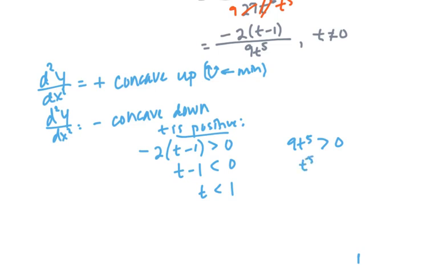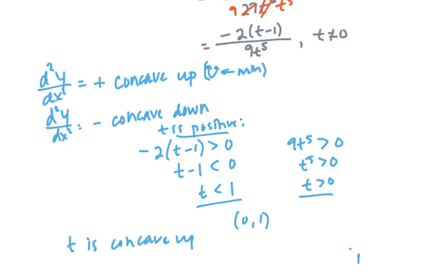And so t to the fifth is positive and t is greater than 0. So that means our concave up happens between 0 and 1 because it has to satisfy both of the requirements here. So our t is positive, t is concave up between 0 and 1.